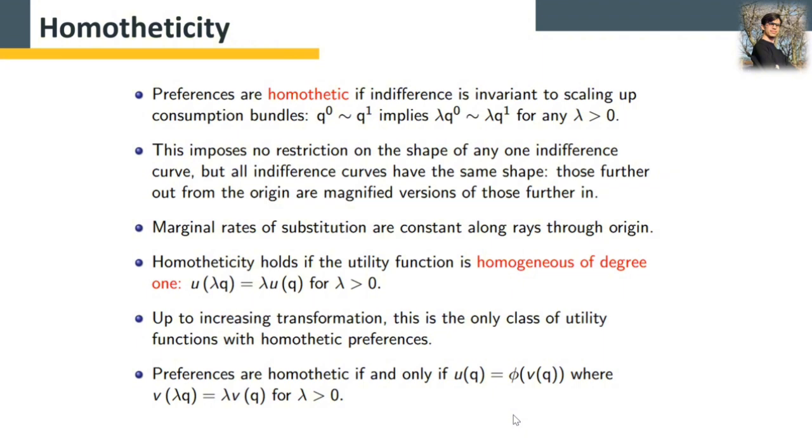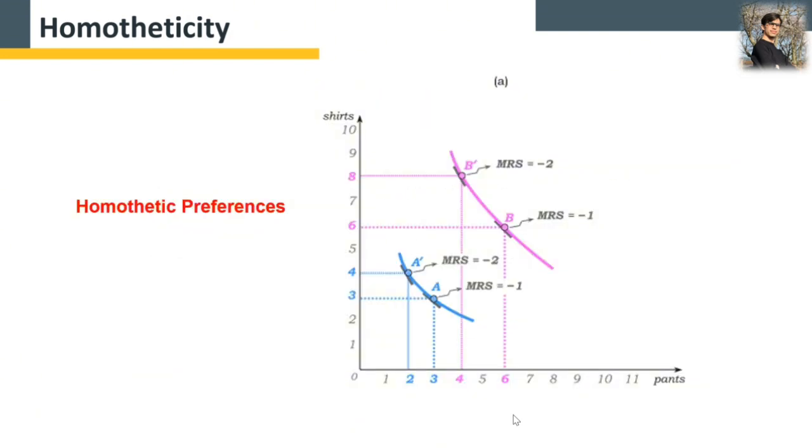It means if we positively transform this utility function, we are still keeping the homogeneity of degree 1.